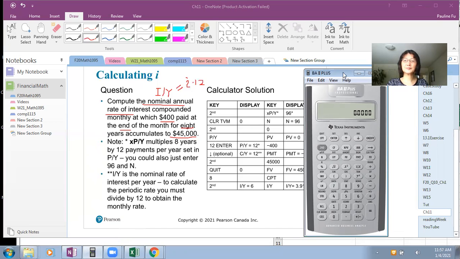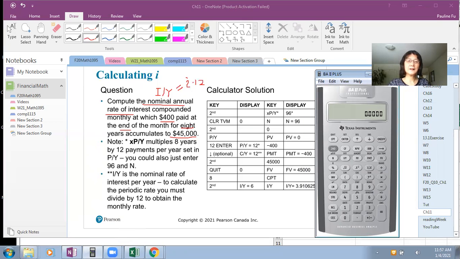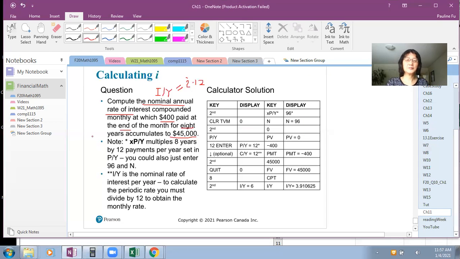Second, quit. And make sure you set up PY. PY equal to 12 because you make payments every month. In 1 year, you make 12 payments.